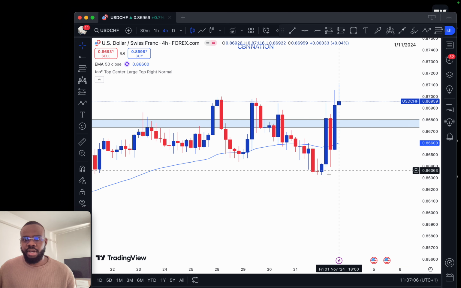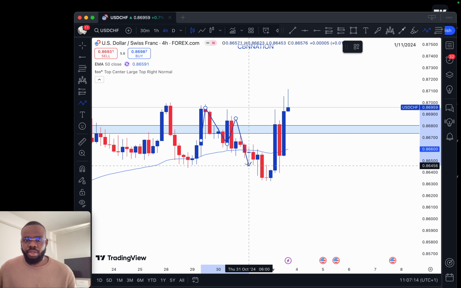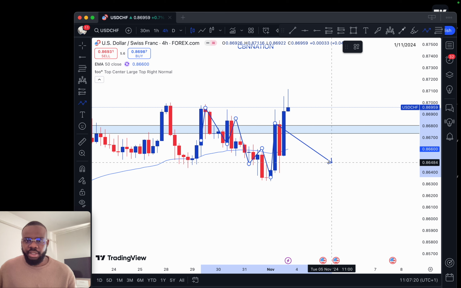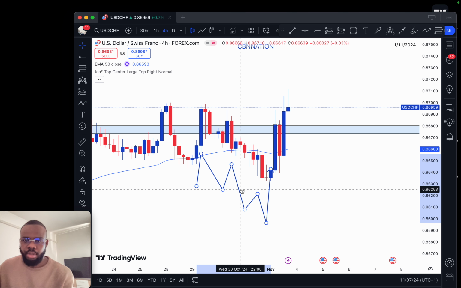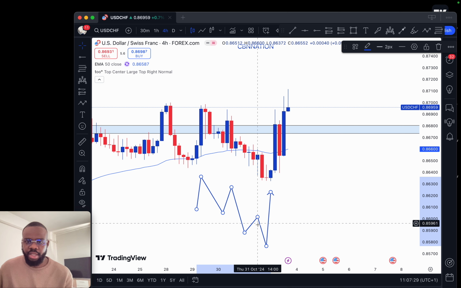Seeing the 4-hour time frame, we'll see that it was on a bearish sequence. Then immediately we shifted bullish. If I take out the line chart I just drew, you see that we're making higher lows, higher lows, higher lows.